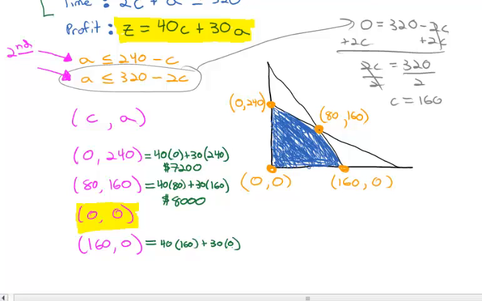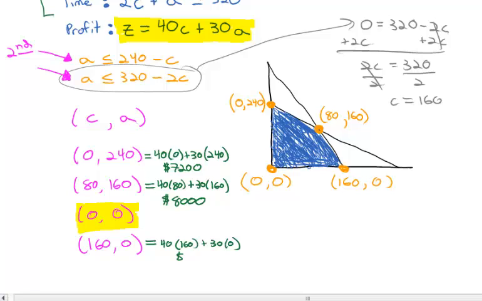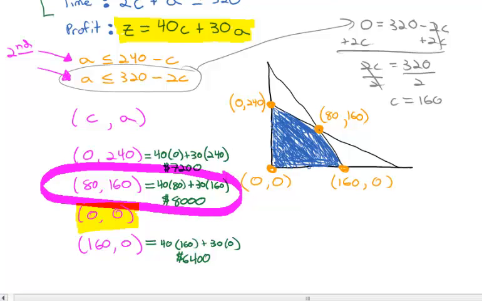Would it have been best to plant all corn? It makes us the most money. 40 times 160 only makes us $6,400 because of how much more time the corn takes to plant and raise. It's actually the least profitable option to go all corn. The most profitable option we can see now is the $8,000 profit.